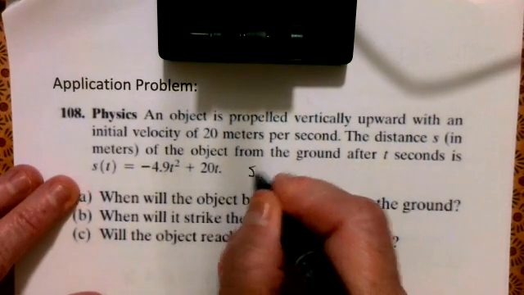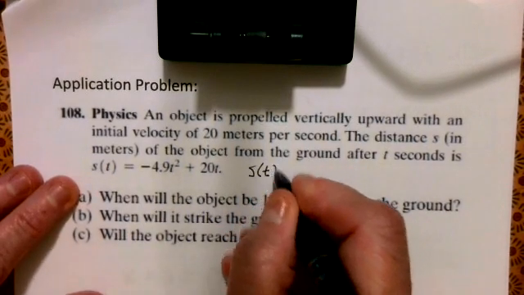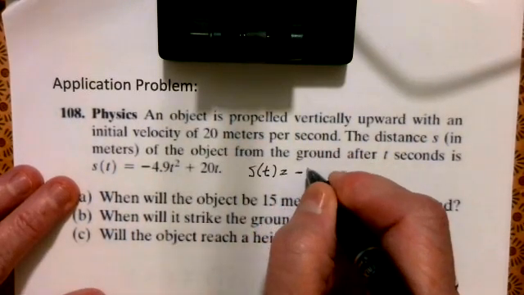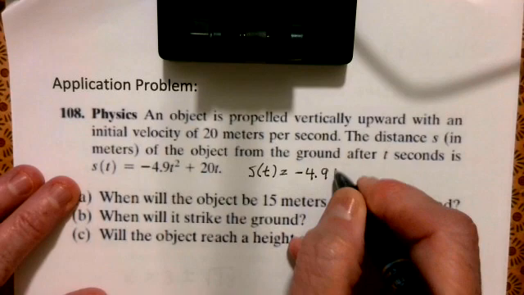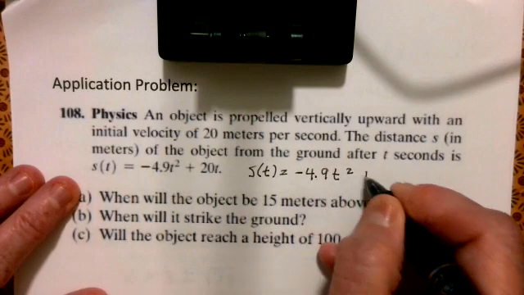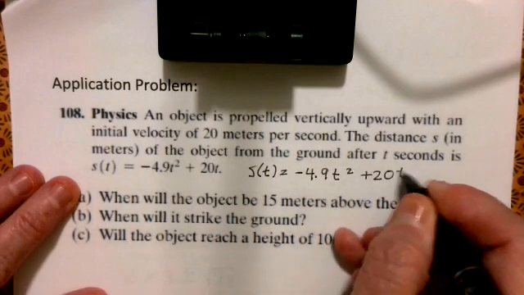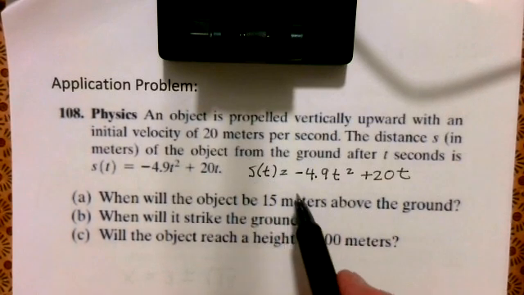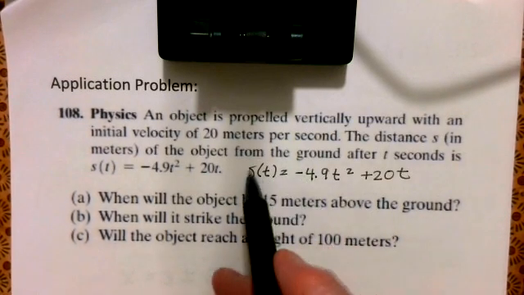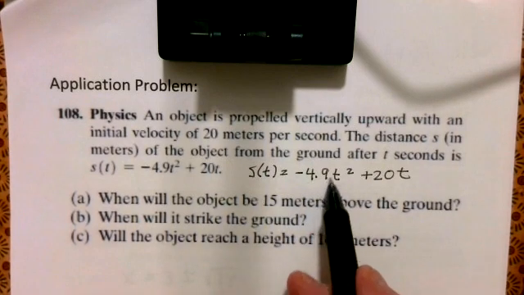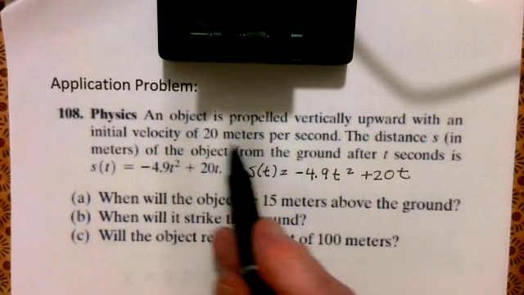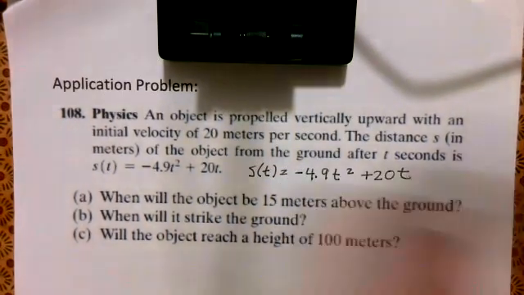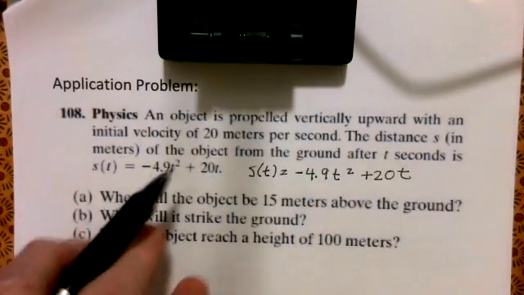So it's s, a lot of times they use s for position or distance, equals minus 4.9t squared plus 20t. Now, you don't have to come up with this equation, but as my calculus students do, the minus 4.9 is because of gravity and because we're talking meters. That's a constant. So it's negative because gravity is pushing down.